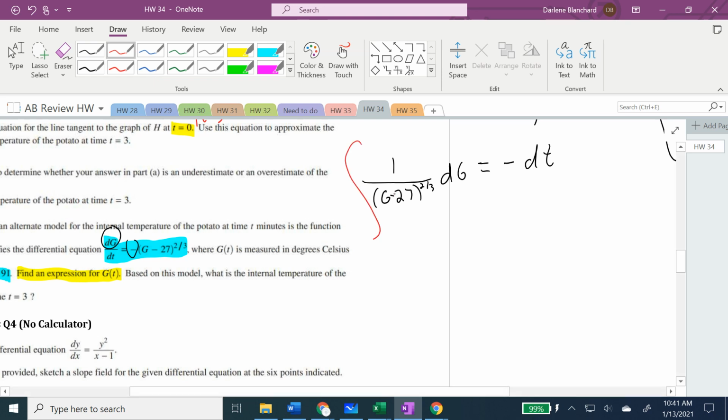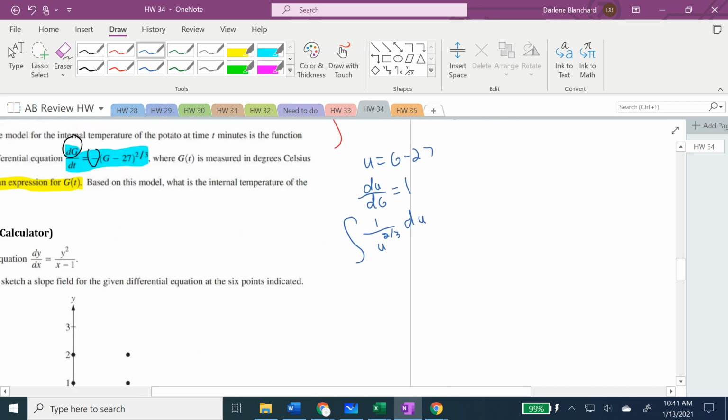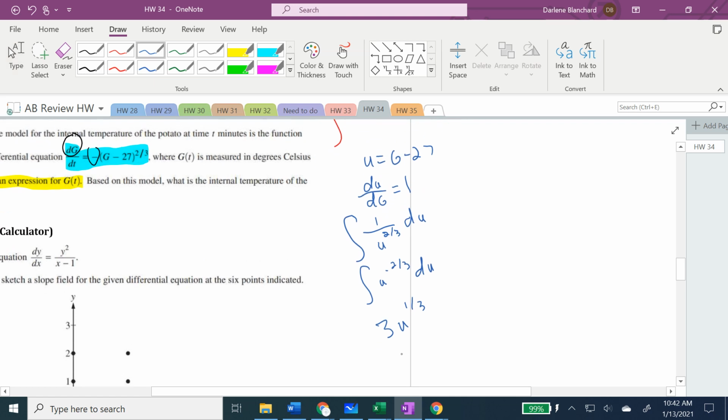And now I integrate. I need a u substitution. The derivative du/dg is positive 1, so du equals dg, and the integral becomes 1 over u to the 2/3 power du. That's u to the negative 2/3 power, so add 1 to negative 2/3 and you get 1/3, then multiply by the reciprocal and put the u back in, which is g minus 27.